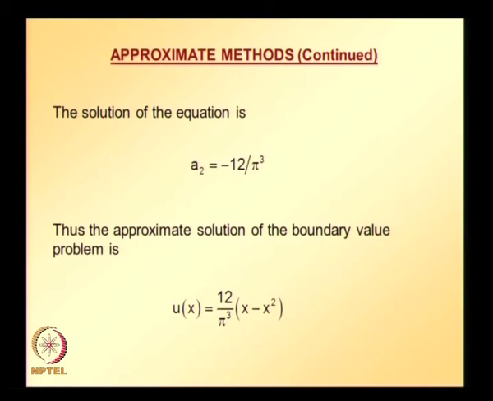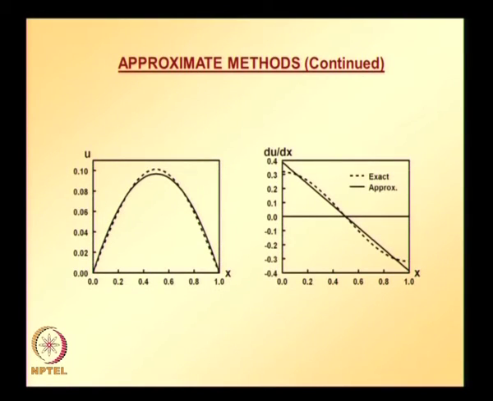And a comparison of this solution with the exact solution is shown here. Both the solution and the derivative of the solution compared with exact are shown in this plot.